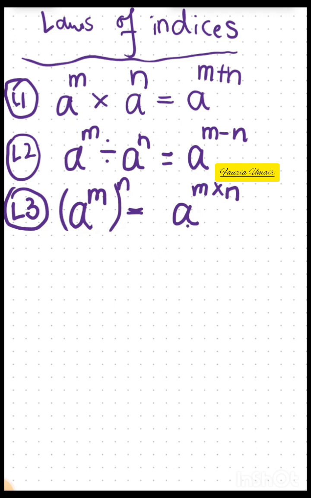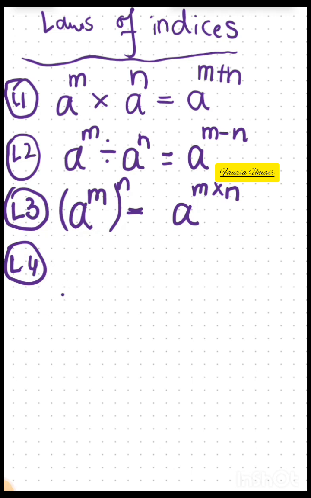I'm not giving you any examples right now, because when we solve the questions, I will keep referring to these laws, and I will keep reminding you what the conditions were and how we are going to write them. Law number 4 is this: law 1 and 2 were when the base was same.